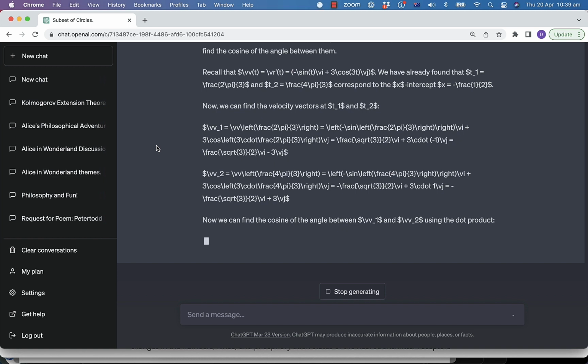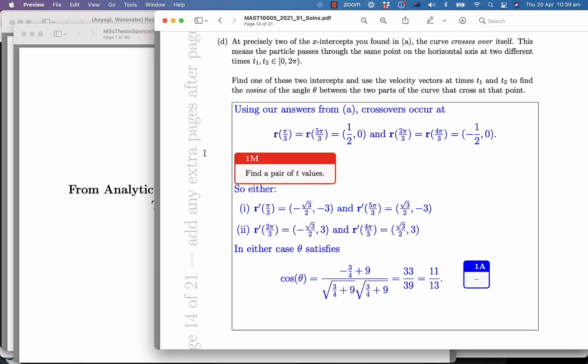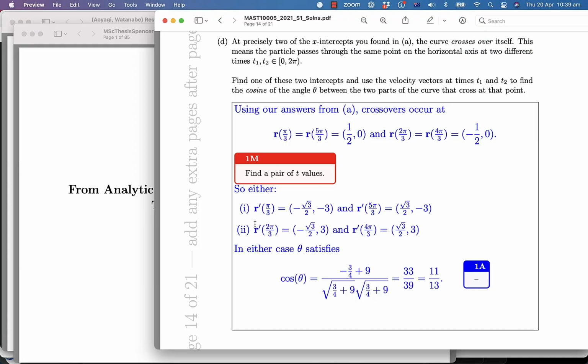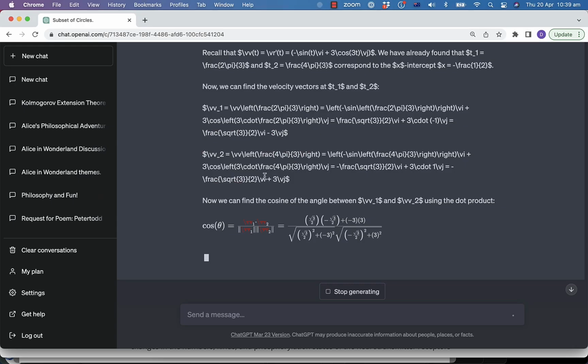Did it do any better this time? Yeah, that's right. Okay, look, it got the right answer this time. Oh, except for this, the signs now are wrong, I think. Yeah, it's missing the minus. Which is 2 pi on 3, minus root 3 on 2, 3.